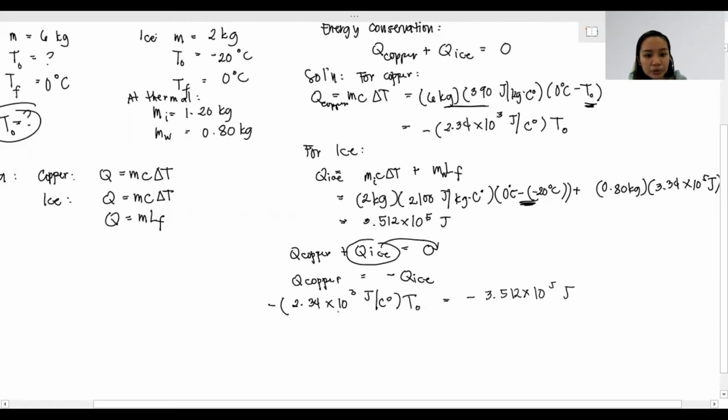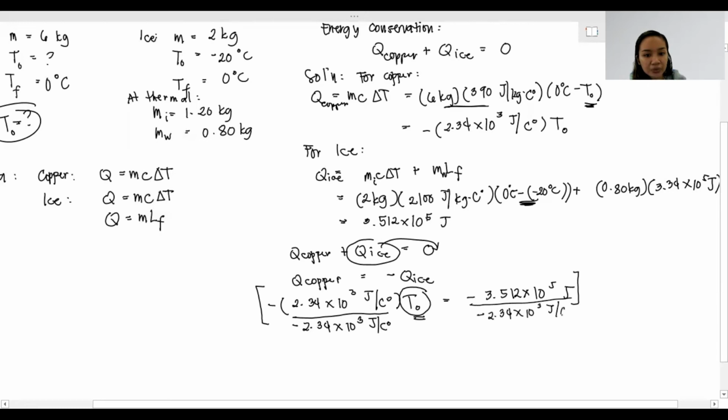So, transposing, when we say transpose, kailangan yung matira sa isang side is si T naught lang, kasi yan yung hinahanap natin dito sa problem. So I will be dividing both sides by negative 2.34 times 10 raised to 3 joules per degree Celsius, para makancel siya dito sa side.